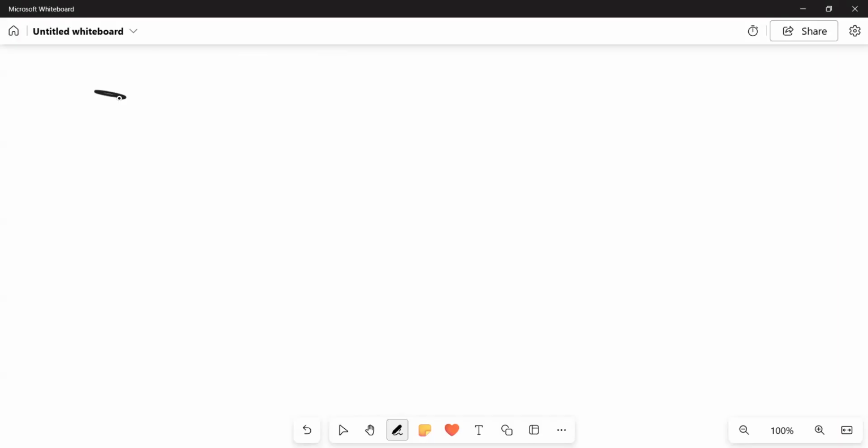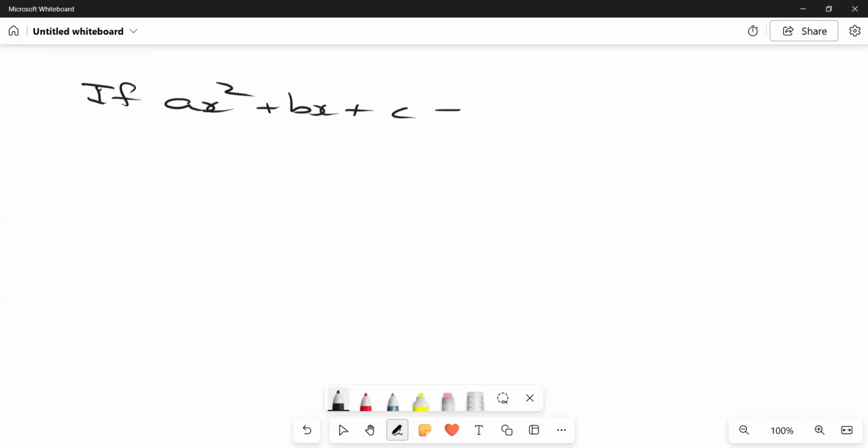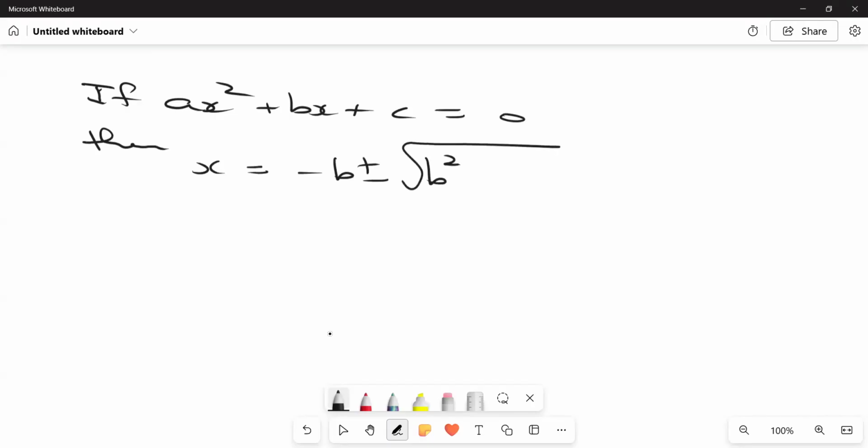Okay, let's say, if ax squared plus bx plus c equals 0, then x equals minus b plus or minus the root of b squared minus 4ac all over 2a, right?